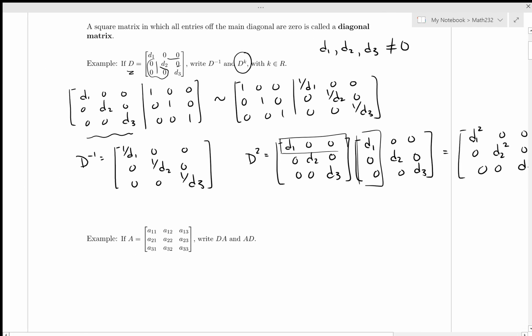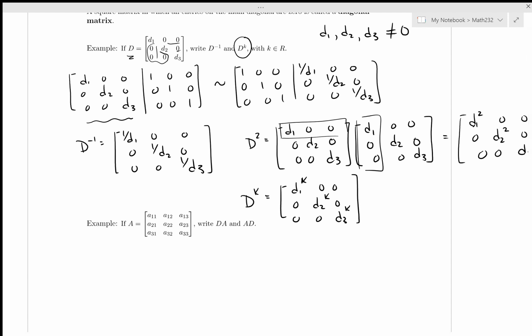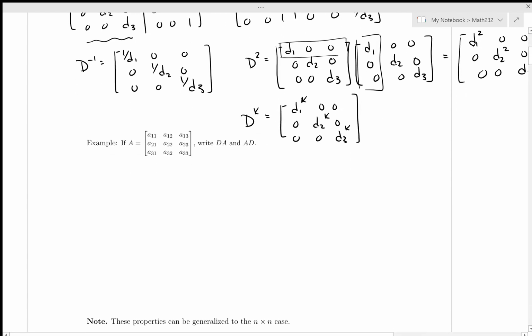In the general case, D to the k will be D1 to the k, 0, 0, 0, D2 to the k, 0, 0, 0, D3 to the k. So it's easy to take powers of diagonal matrices, and easy to find the inverse.